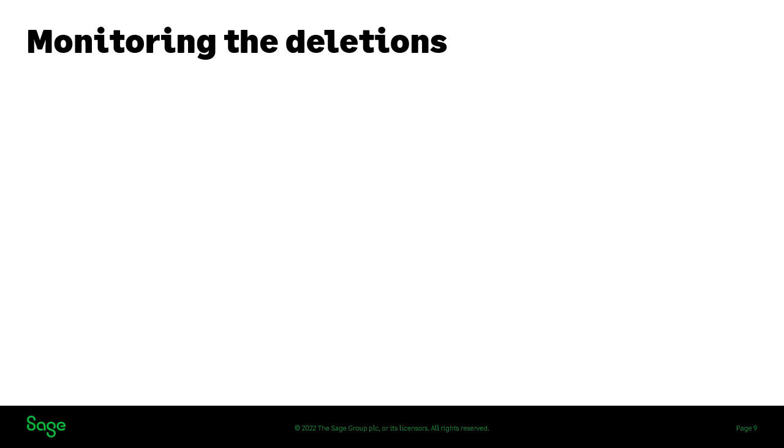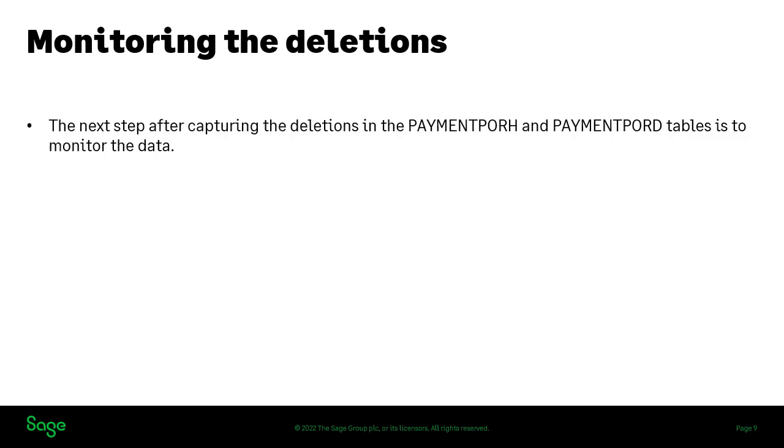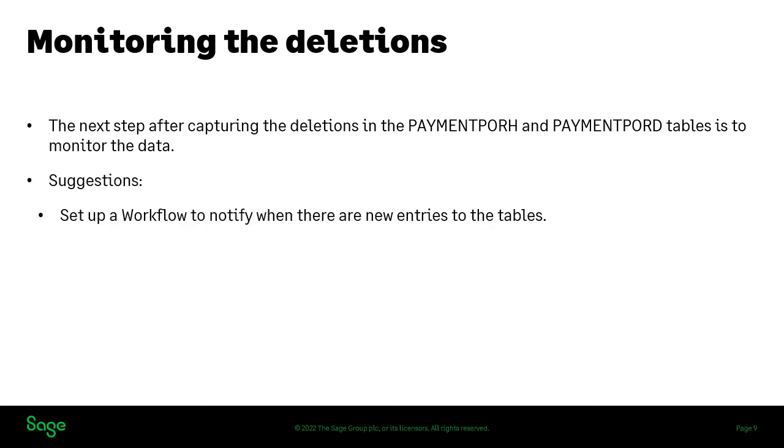So now that you're tracking the deletions, how do you monitor them? You've got the data in the payment PORH and payment PORD tables. So let's look at some options. You can set up a workflow to notify you when there are new entries to the tables.